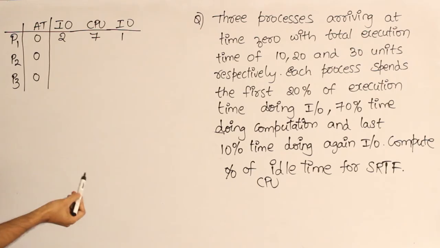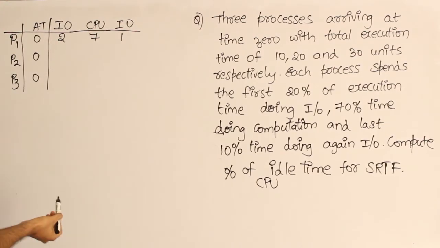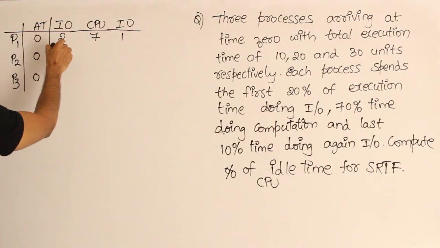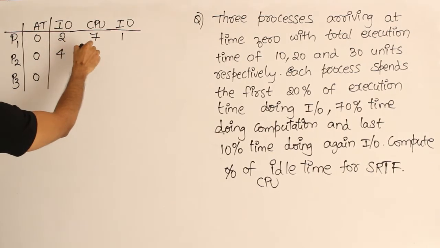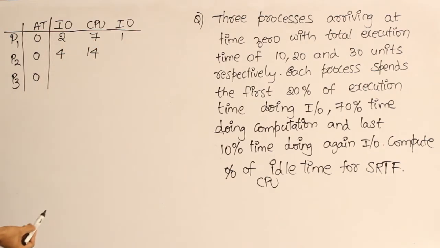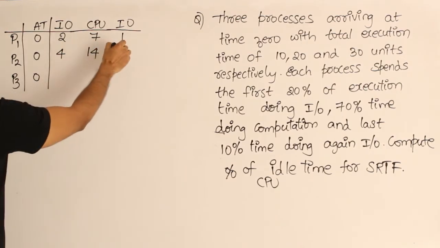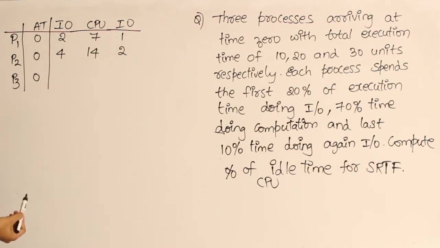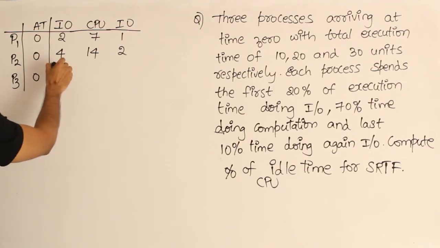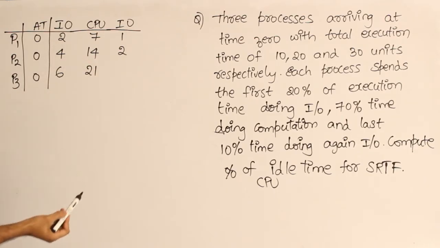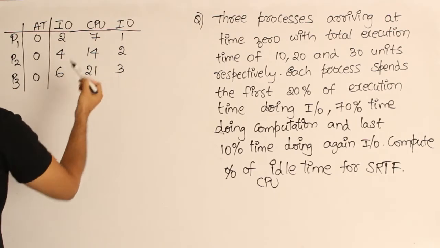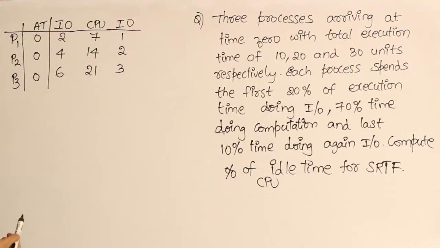And similarly, the second one, which has 20 units of execution time, spends 20% on IO, which means 4, then 70% on CPU, which means 14, and then 10% on IO, which means 2. And the last one is 30 units, split the same way: 20% IO, which means 6, 70% CPU, which means 21, and 10% IO, which means 3. Got it? So this is what they have given us. So initially it is IO and then CPU and then IO, right?